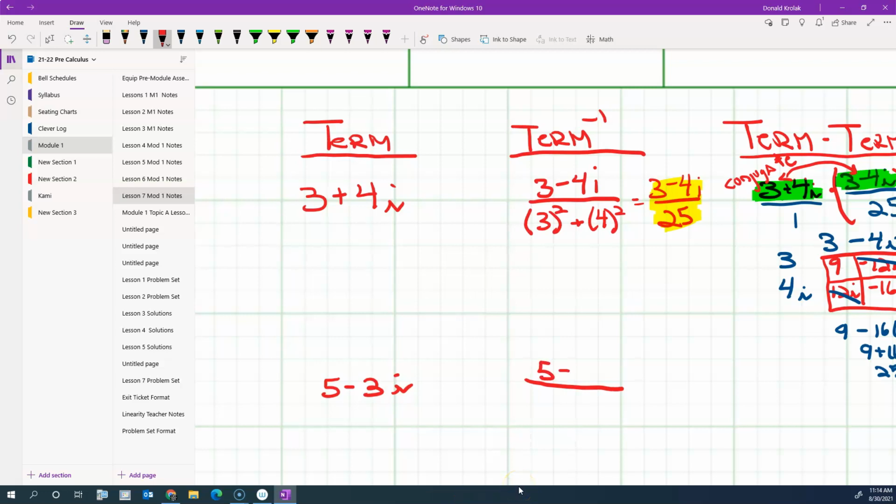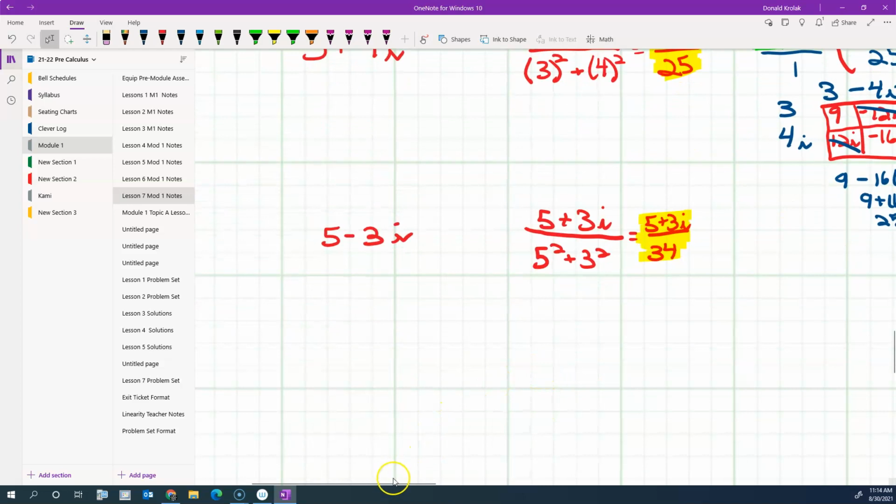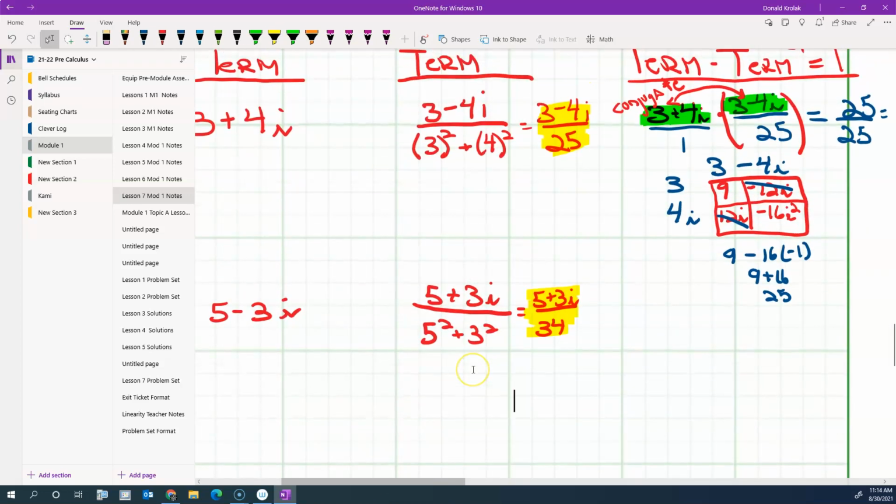Yep, 5 plus 3i. Okay, denominator. 5 squared plus 3 squared. So that would be 5 plus 3i over 25 plus 9, 34. And that's the multiplicative inverse. If we multiplied those two, we'd end up with 1.